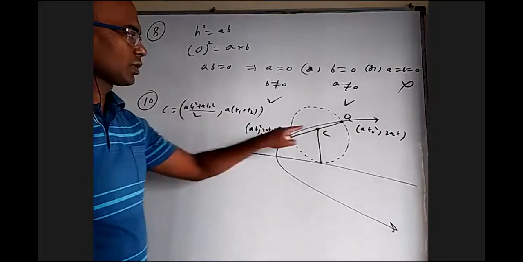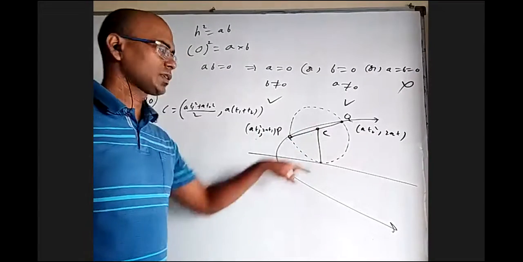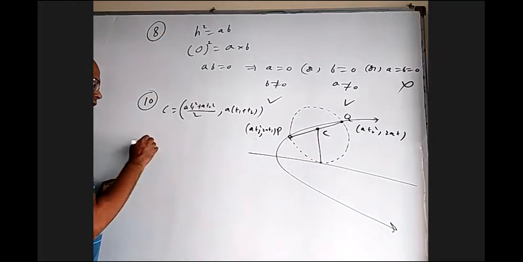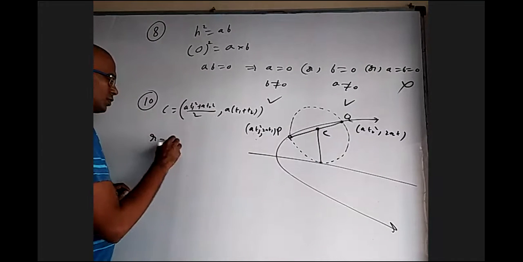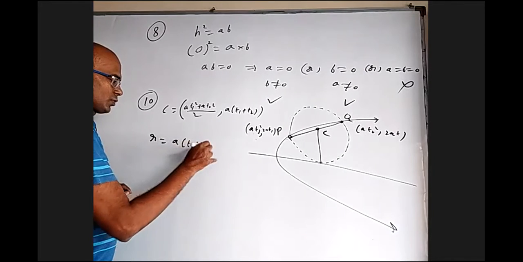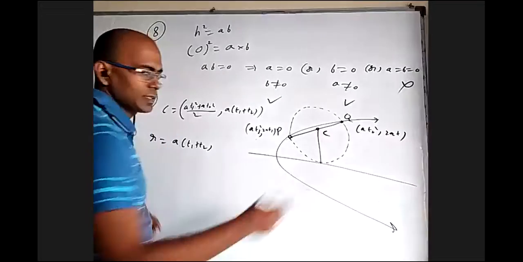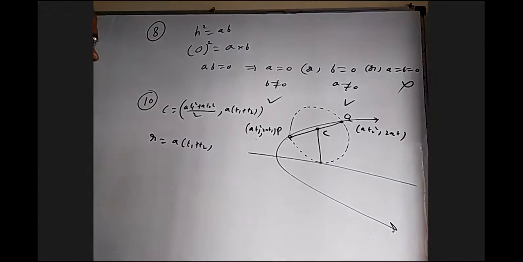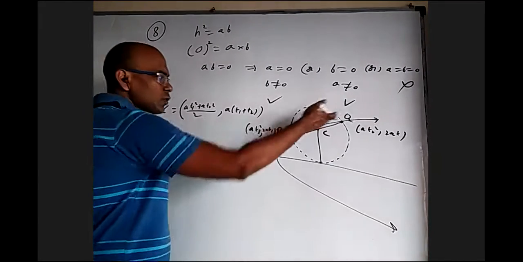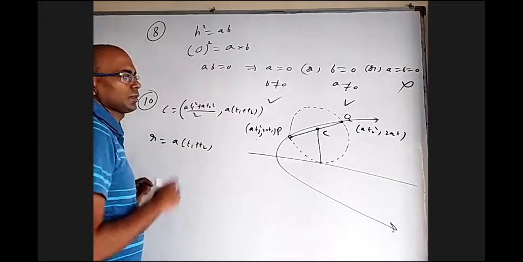Now that y coordinate is nothing but the radius because it is touching the x-axis. So radius r is equal to a(t1 + t2). From the center, the perpendicular distance to the tangent is equal to the radius. But if you try to find the slope of this, that is also in terms of t1 + t2.